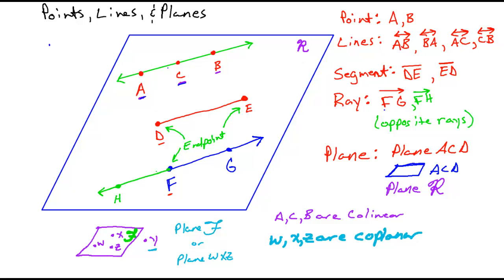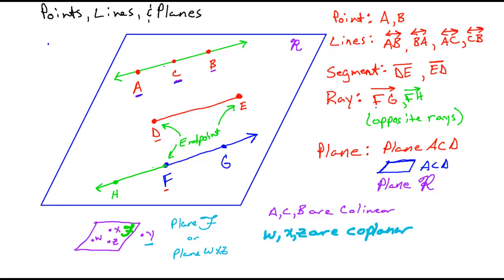And what that means is if I try to draw a line that goes through point A and through point C, well, it's going to be the same line I've already got. It's going to be the green one. You see how I can't make a line that goes through A and through C, but isn't the green one I already made. So hopefully that makes sense to you. Through any 2 points, there's exactly one line.